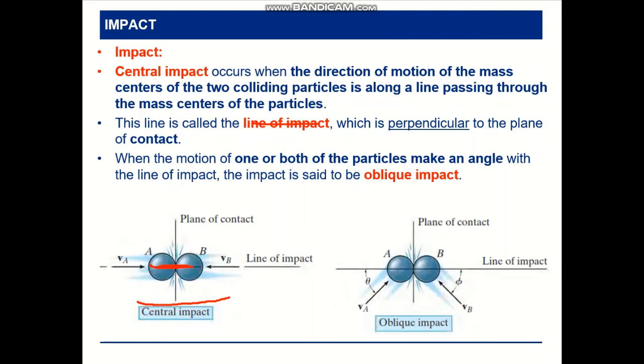When the motion of one or both of the particles makes an angle with the line of impact, the impact is said to be oblique impact.